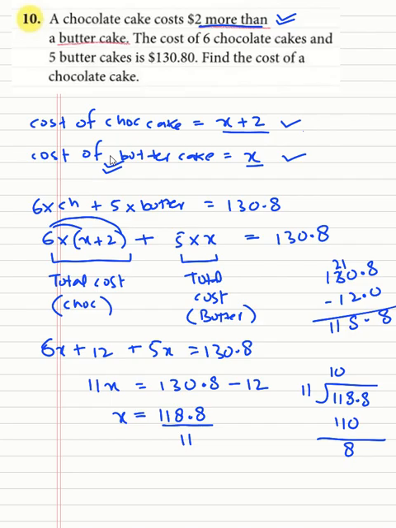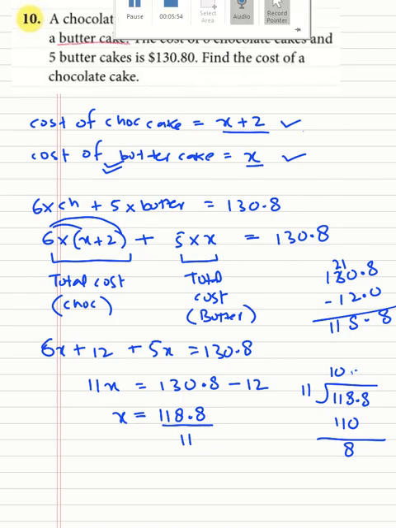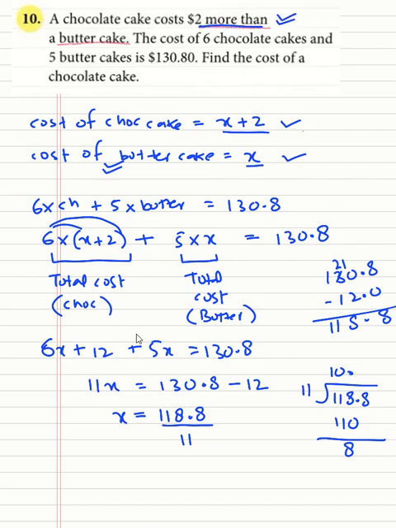The decimal will be shifted on the top. So this is 10, and 8 we are going to carry down. This becomes 88. So 11 8s are 88. The answer is 10.8. So the value of x is 10.8.